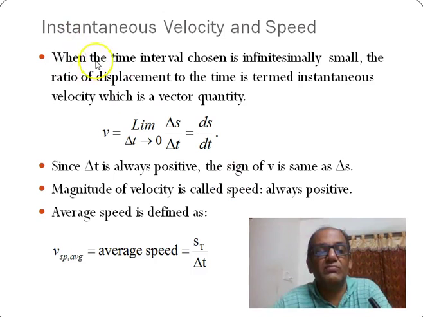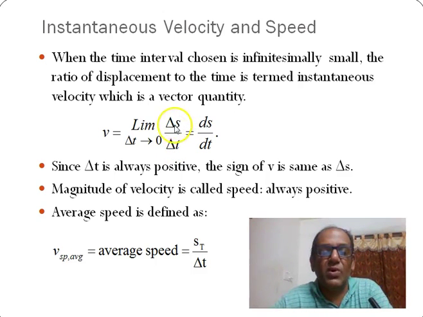Another quantity of importance is instantaneous velocity. What we mean when we say instantaneous velocity is we take smaller and very small values of delta t and find out what is the ratio of this delta s over delta t. When you take smaller and smaller values of delta t, this ratio tends to a quantity, and that quantity is what we call derivative of the displacement, and we denote it by v.